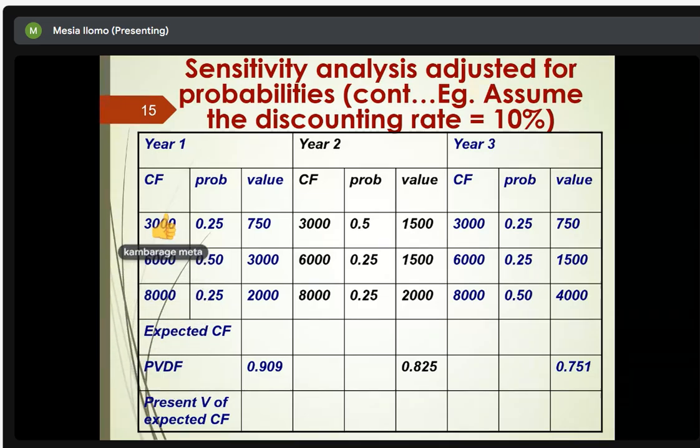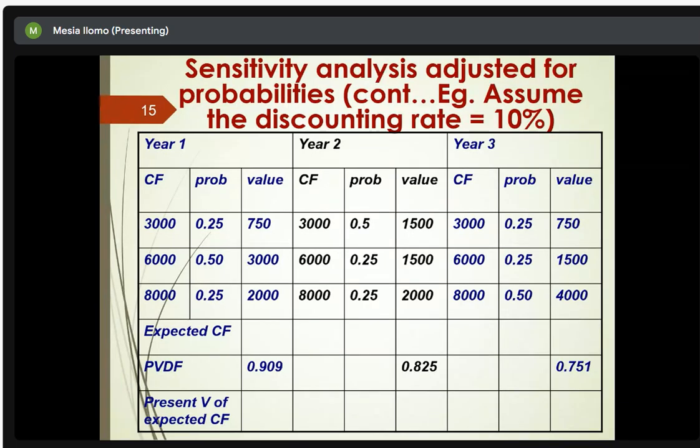Now if you go to the last cash flow of year 3, which is how much? 8,000. The best case for year 3 is 8,000.